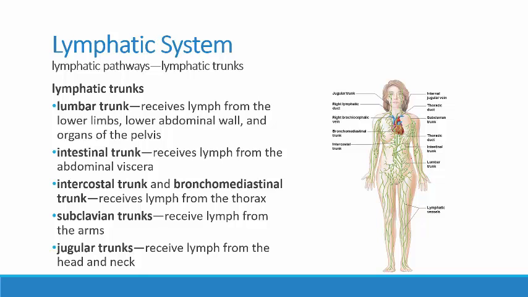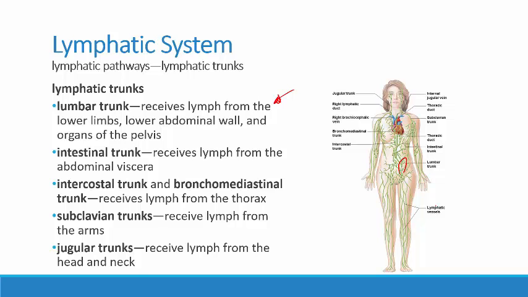There are some in the lower back area, that's the lumbar trunk. Here we can see the lumbar trunk. It receives lymph from the lower limbs, from the abdominal wall, and from the organs down in the pelvic region.